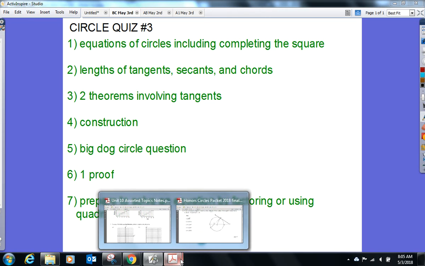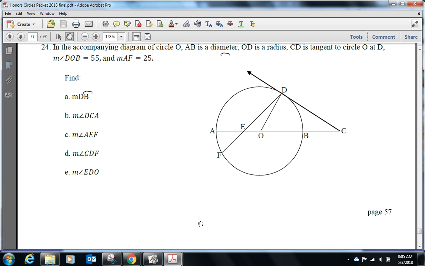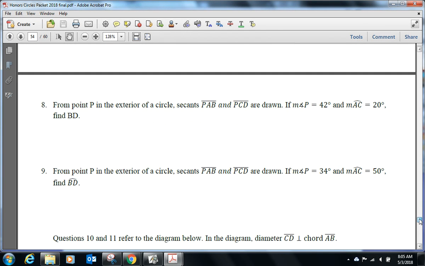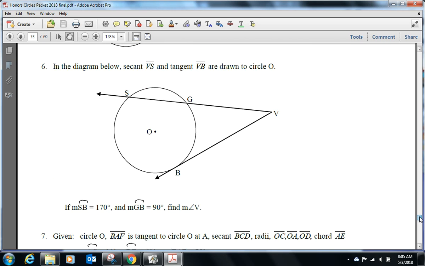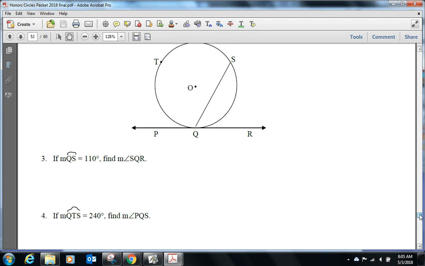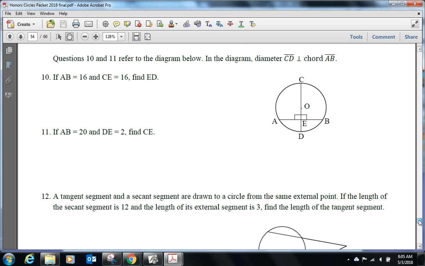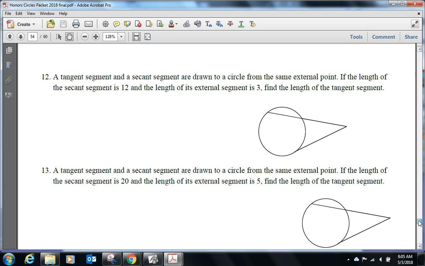Let's see what your packet has. If anybody sees one, you can let me know. I don't want the angles. There we go. Looks like 12, I guess we'll start with.